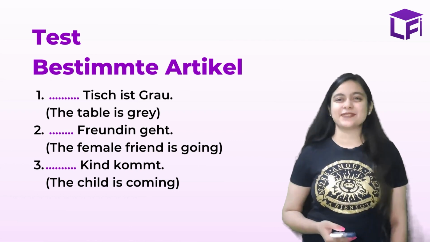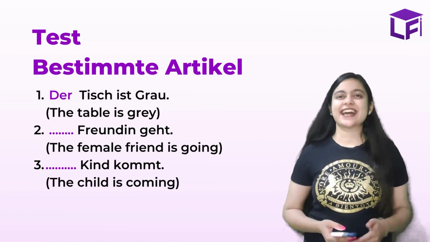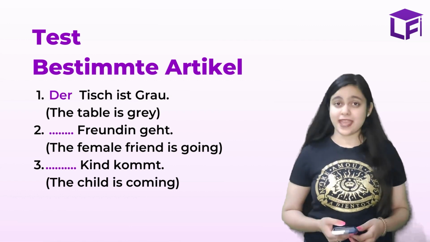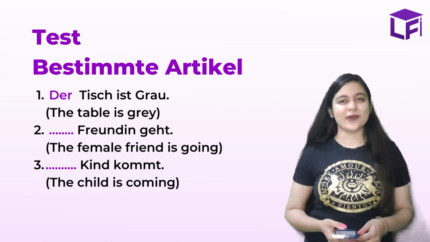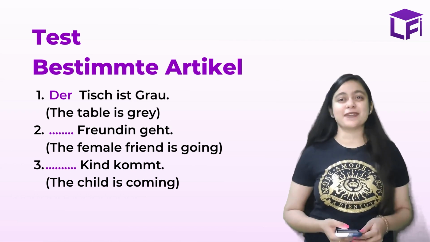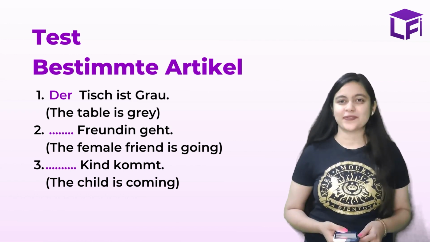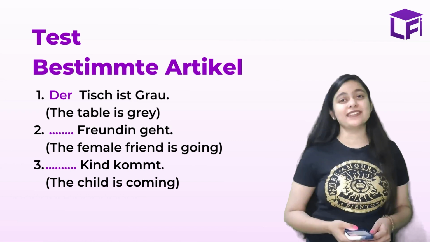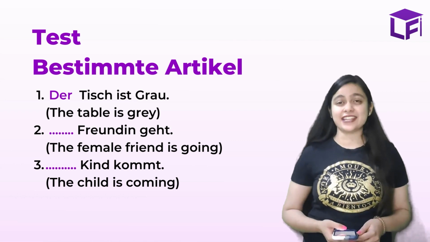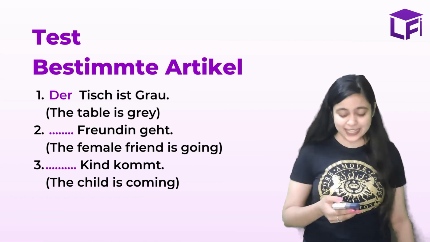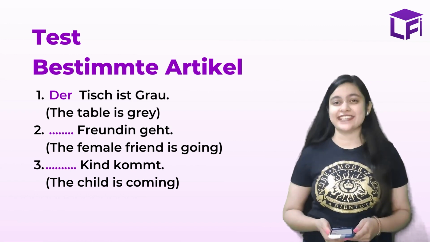Alright, stop guys, time's up. So, what is the unbestimmte article for Tisch? Well, yes, ein Tisch. The main article of Tisch is actually der Tisch. So, in the unbestimmte form, it becomes ein. Ein Tisch ist grau. A table is grey. Alright, let's move to the next sentence. The next question for you guys is dash Freundin geht.